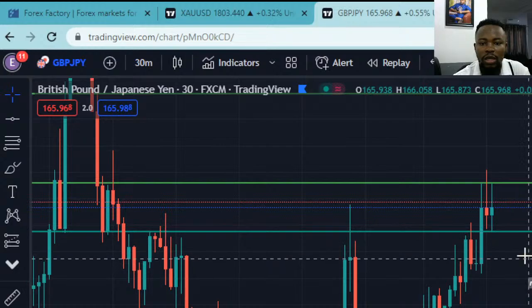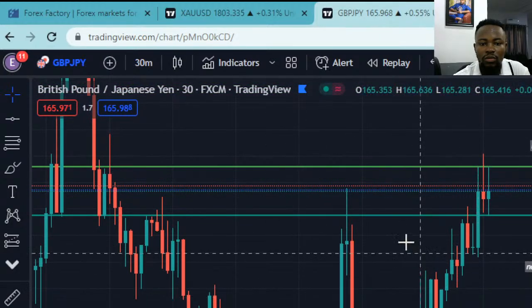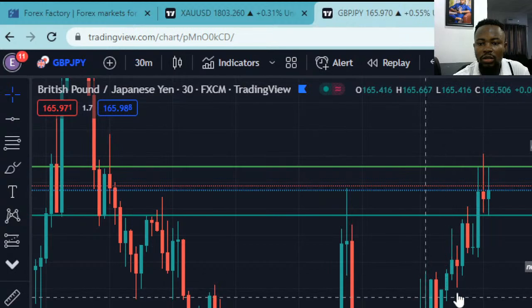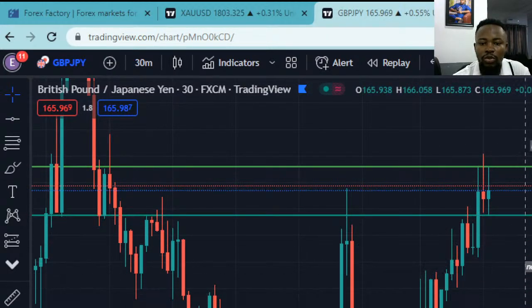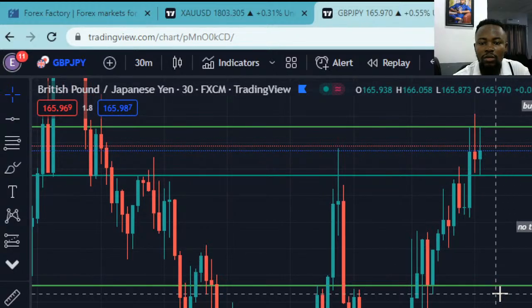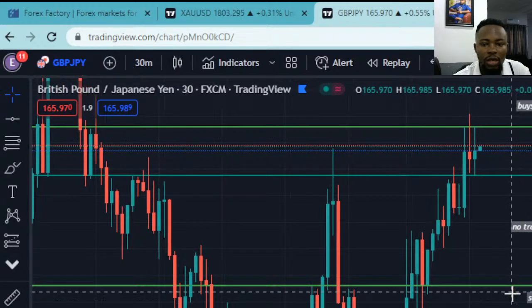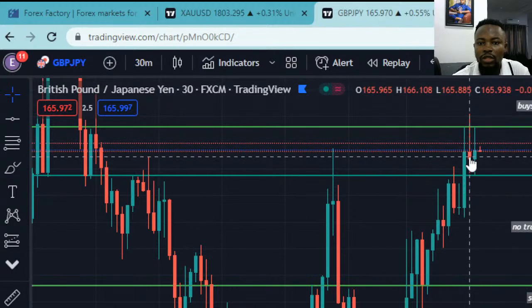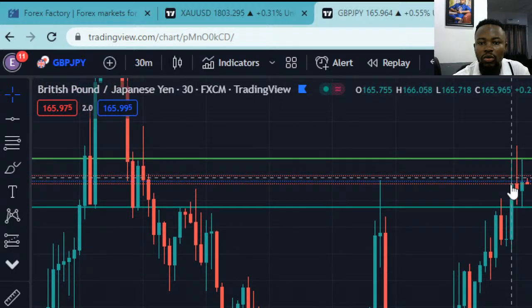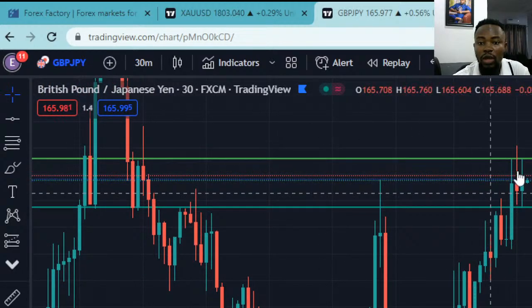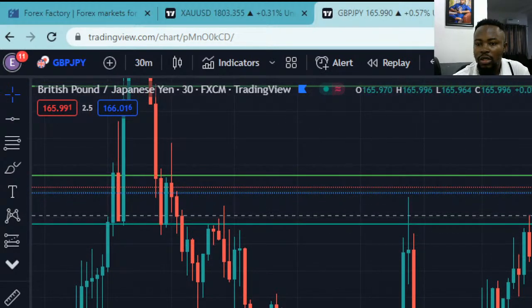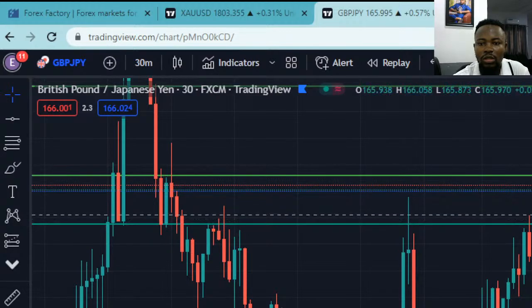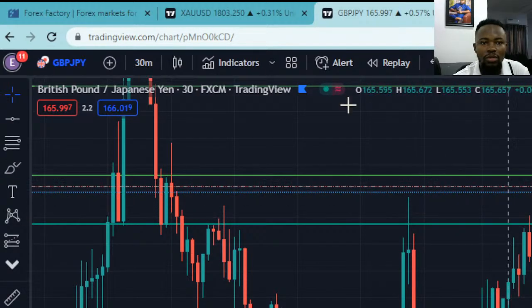Closing back inside here, I don't really want to do anything in this range, but volume can actually keep pushing price down. I'm only interested in sales below here, right? See the way we close right now, we are now closing inside this range here, so I'm not really interested in pound yen at this point.